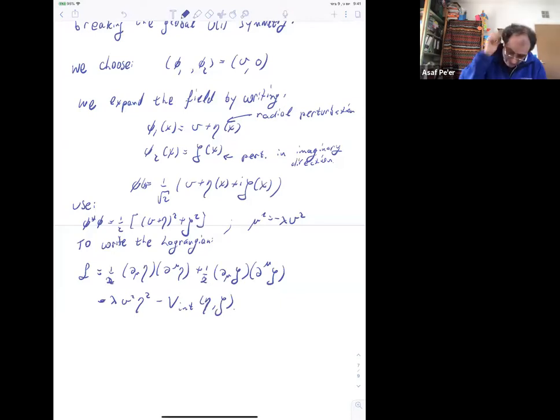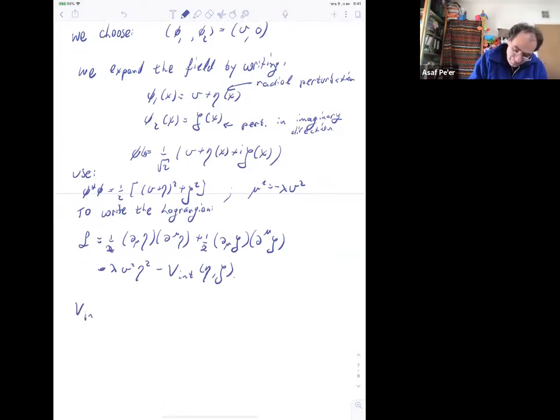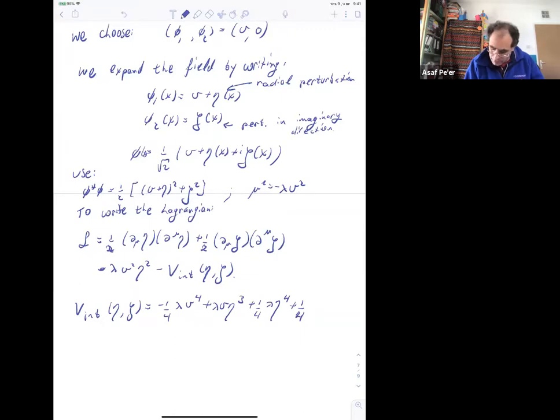For V interaction of eta and psi, it is minus 1/4 lambda v to the 4 plus lambda v eta cubed plus 1/4 lambda eta to the 4 plus 1/4, hope that I'm not mistaken, lambda psi to the 4 plus lambda v eta psi squared plus 1/2 lambda eta squared psi squared.